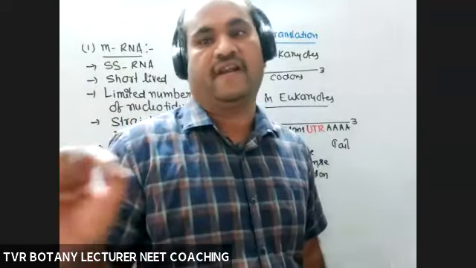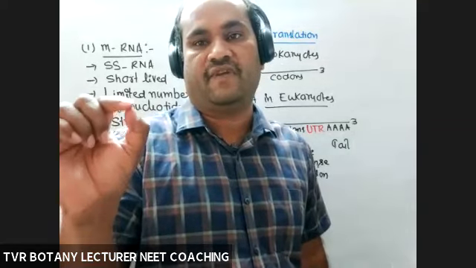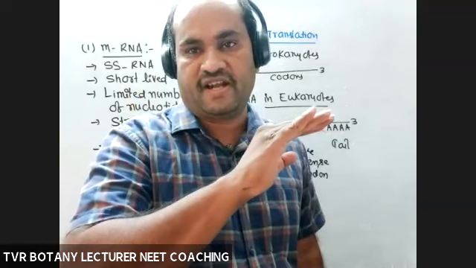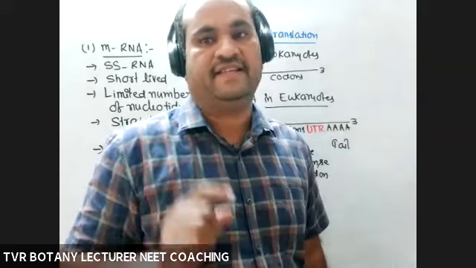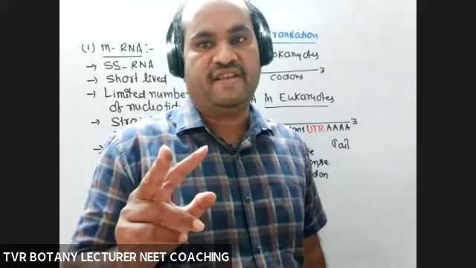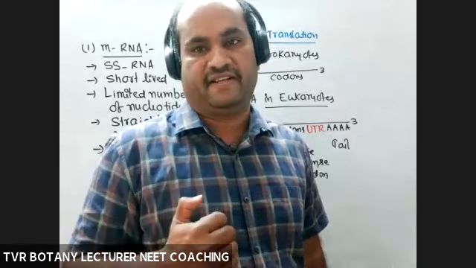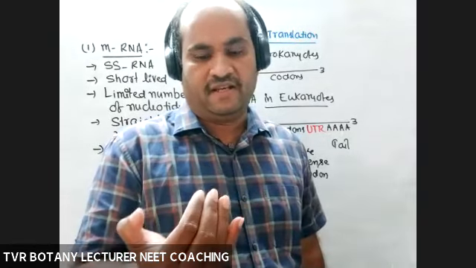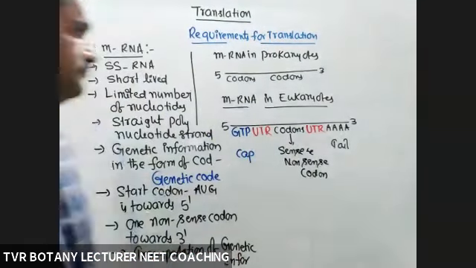The mRNA suitable for translation is single-stranded only. Double-stranded means all the codons in both strands are complementary. So if they are in complementary pairing, translation is not possible.